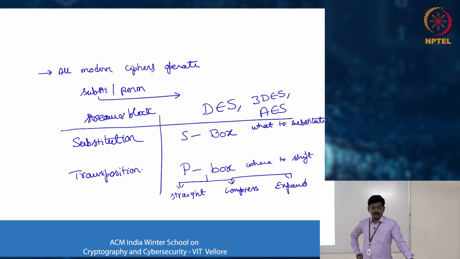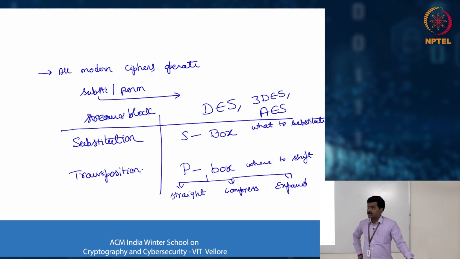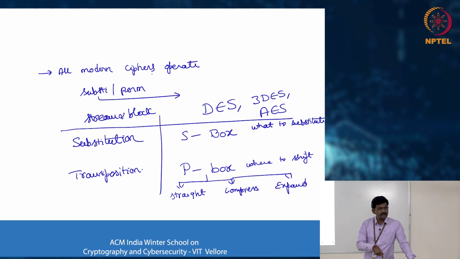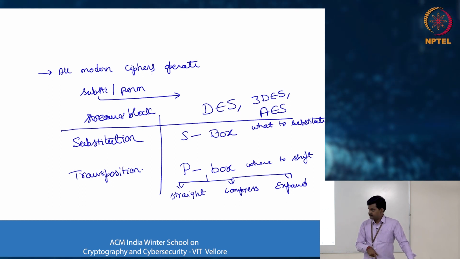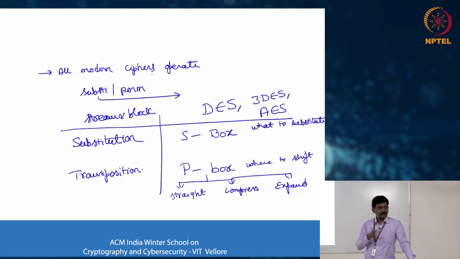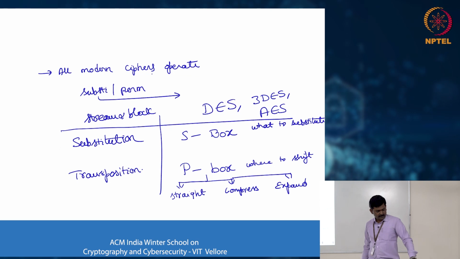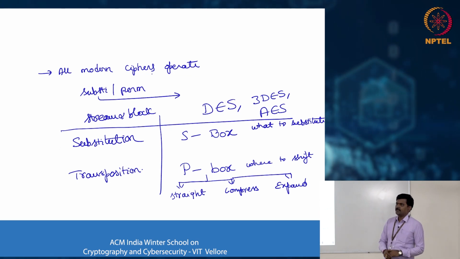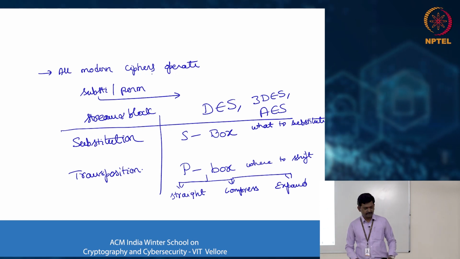Reverse, right? So the point is, are these reversible operations? They are supposed to be reversible. Anything you do, if it is not reversible, it is non-decryptable. Okay. So with this, we will stop here and have a break, and then we go for the modern ciphers, not today. Okay. Right?